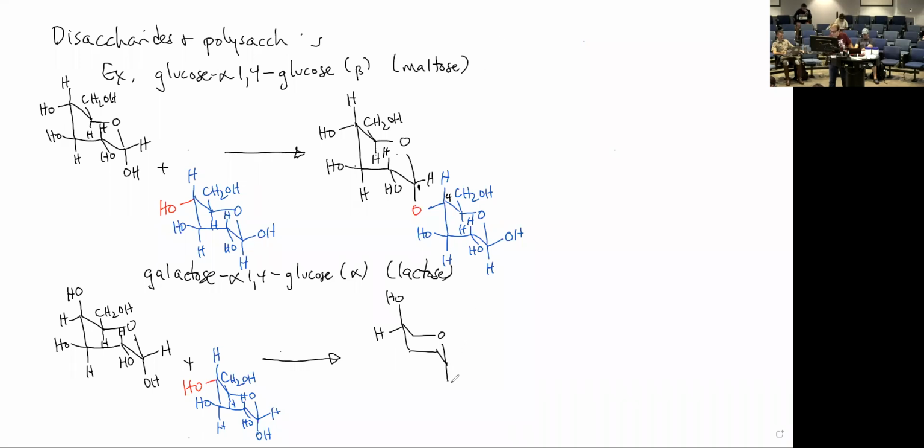We'll again make that oxygen red. That's a hydrogen, OH over here, CH2OH back here. And then we'll make the glucose molecule in blue. Wrong blue. This one's a little hard to see.